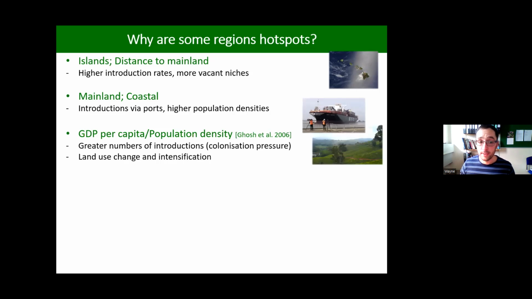But it may be that there's a separate effect from being coastal, so GDP per capita as a measure of trade, and also population density, perhaps as a measure of human activity and disturbance, which might promote invasions, may both lead to higher numbers of naturalizing species. They may also contribute to higher colonization pressure, so a larger number of species being introduced in the first place.